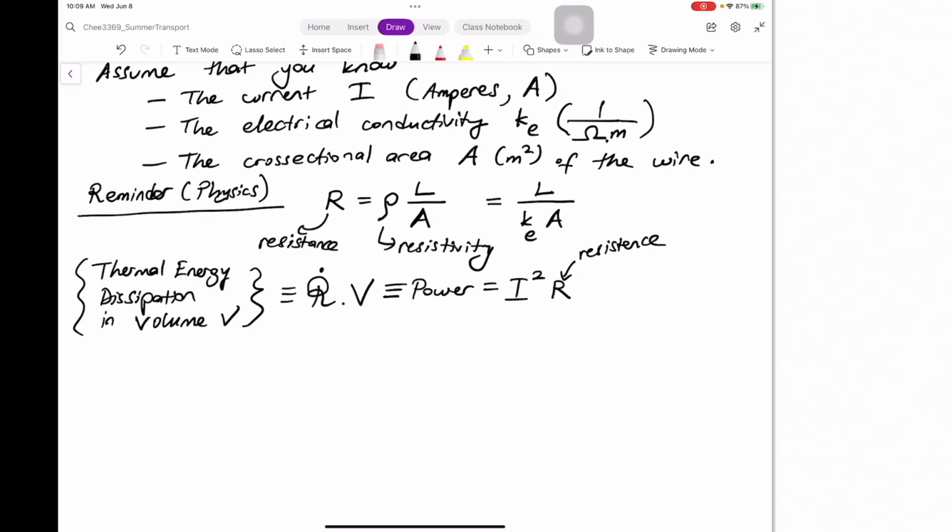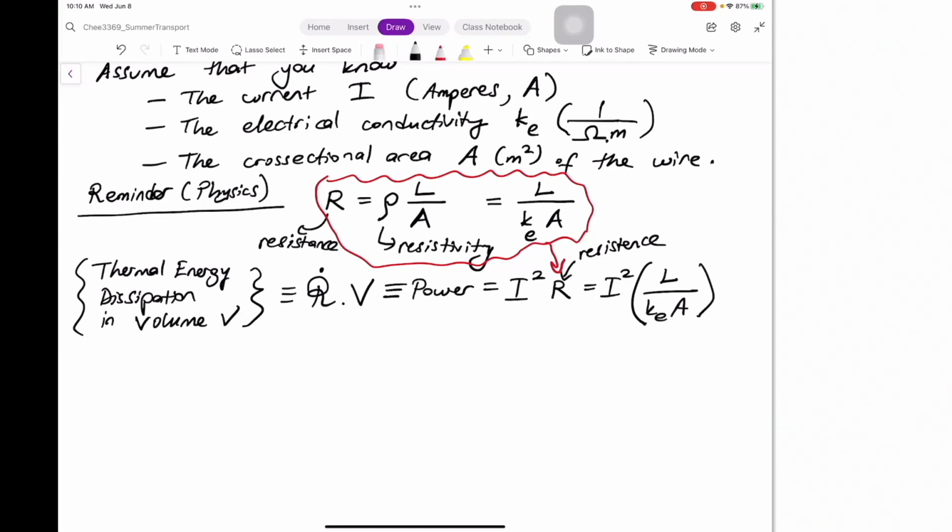And if you plug in this thing here, you would find that it's I squared in parentheses L over Ke A, right? But what is the volume here? This volume is nothing but the length times the area of the wire, right? So imagine that you have a wire like this.